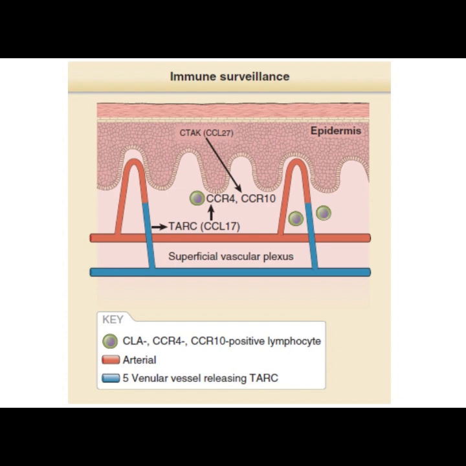Once in the dermis, the cells follow a gradient of CTAK, CCL27, produced by the epidermis. This binds CCR10 and directs the cells upward into the epidermis. The result is targeted homing of T cells into the skin for immune surveillance. Important point is, while this system protects against pathogens, if it becomes overactive, it contributes to inflammatory skin diseases like eczema.